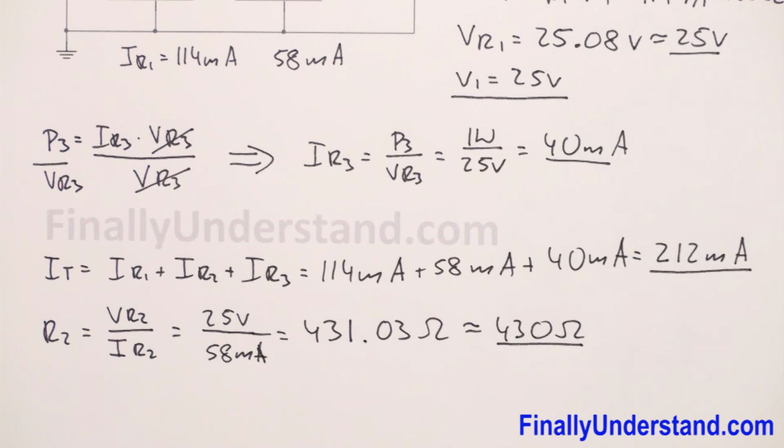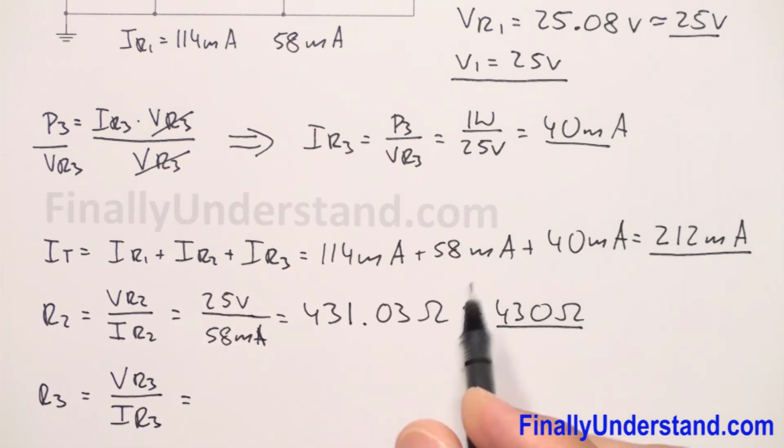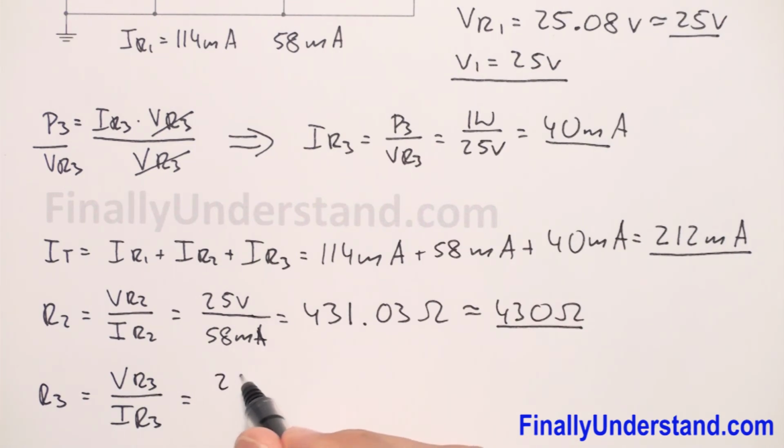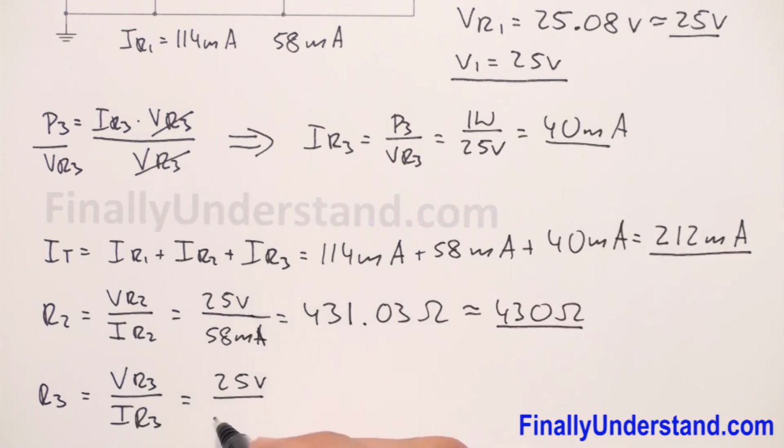Next, we're supposed to find R3. R3 is equal to VR3 over IR3. So we have VR3 is equal to 25 volts over IR3, which we found, and this is equal to 40 milliamps.